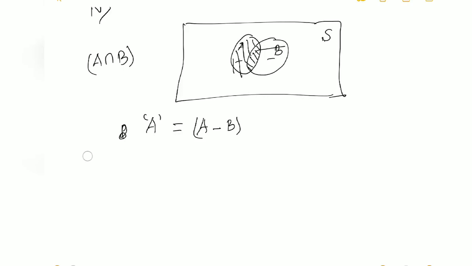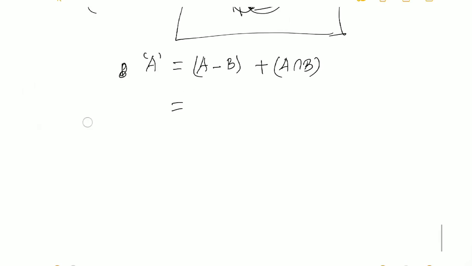Now what you need to add again is this section, because the common section also belongs to A. So you are adding A intersection B as well. In that case, you can write A intersection B plus A minus B.